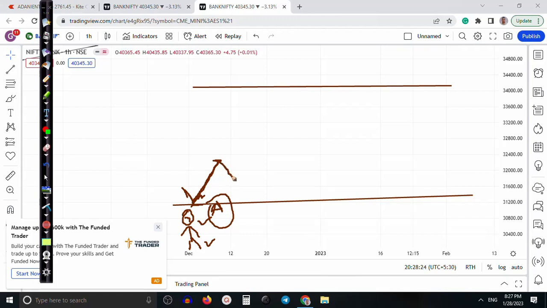In our chart, what we have seen, this is called a pullback. I think you remember, all are using this word pullback. All right. So after taking his rest, again he starts running from this area to this level.